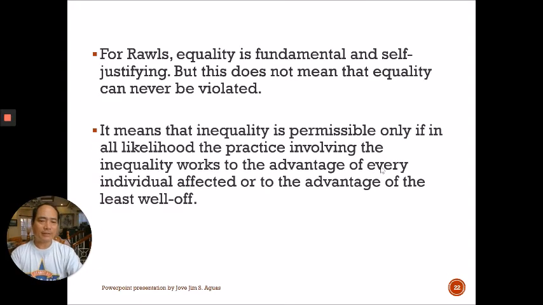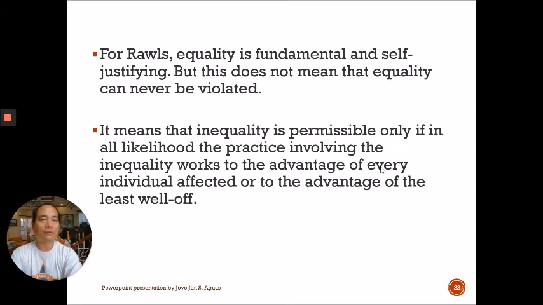So inequality is permissible only if, in all likelihood, the practice involving the inequality works to the advantage of every individual affected, or, and this is very important, to the advantage of the least well off. The advantage of the least well off.